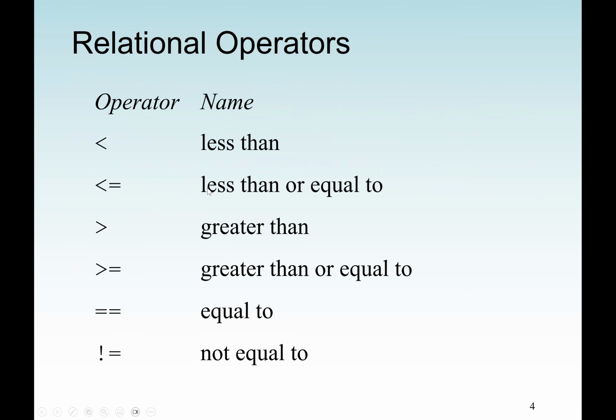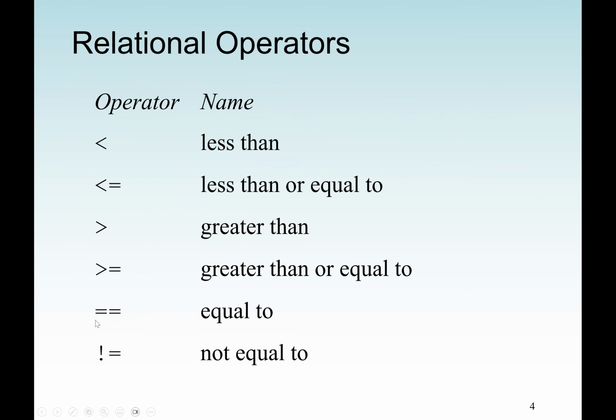So these are the relational operators. We have less than or equal to. Now there's no space between less than and equal together. Greater than or equal, also there's no space between greater than and equal. And also equality.